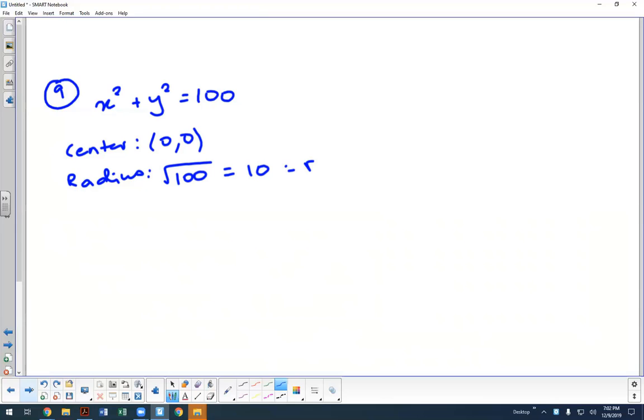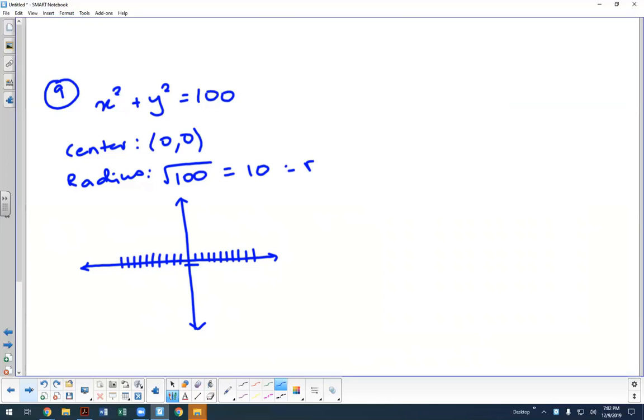So if you want to draw your circle, you can use just the distance of 1, 2, 3, 4, all the way to 10. If you want to make the distance smaller on your graph, you can go in counts of 2. So you can just go out till 5. It's up to you how you want to do it. If you're going all the way to the end, so 1, 2, 3, 4, 5, 6, 7, 8, 9, 10.